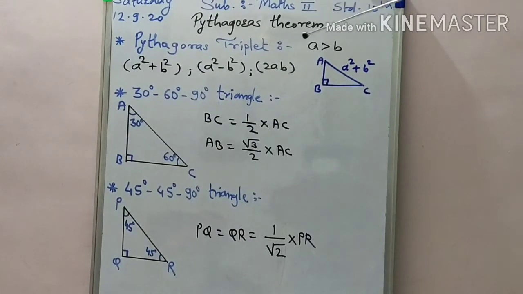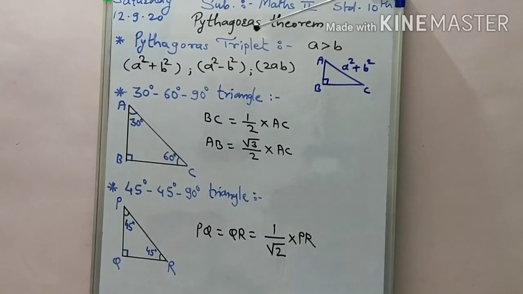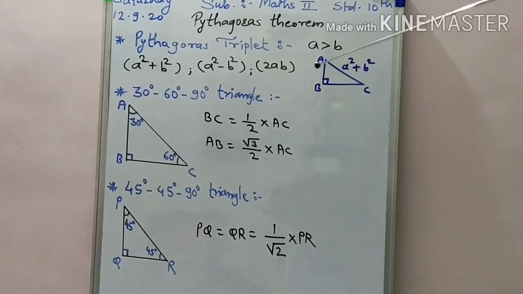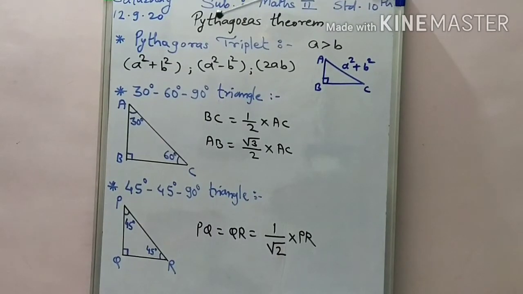In a right angle triangle, as we very well know, the square of the hypotenuse is equal to the sum of the squares of the remaining two sides. And in 10th standard we have to write down the proof of this property.